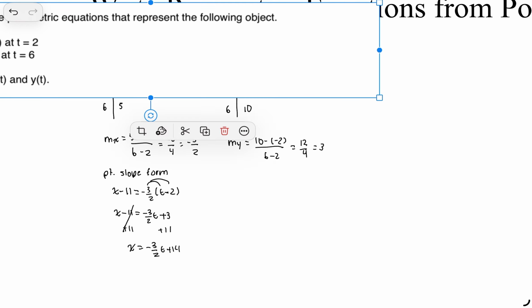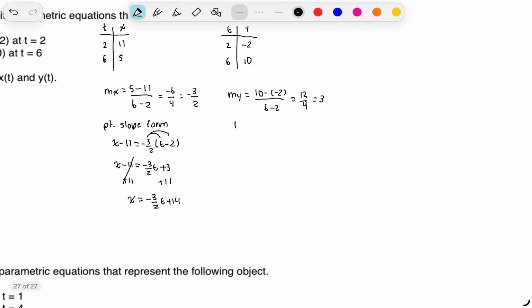Now we're going to find the point slope form of this as well. Point slope form means we have to plug in a point. Here we're going to have y. So y minus negative 2 is equal to 3 times (t minus 2). That's your m.